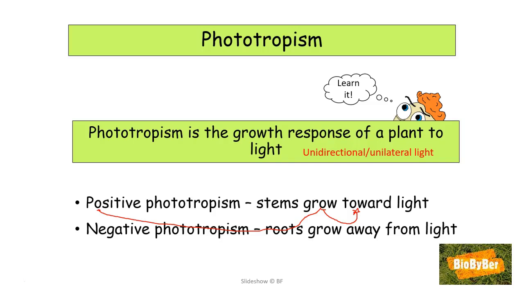A negative phototropism involves growth away from the stimulus. As you can see, GA, growth away from the stimulus. In this case, a negative phototropism would be where the roots grow away from the light.